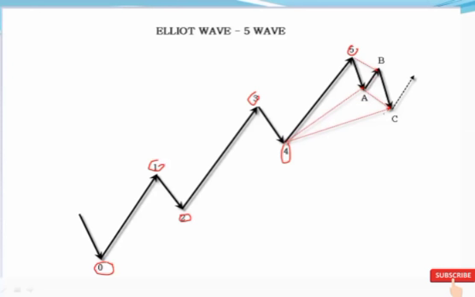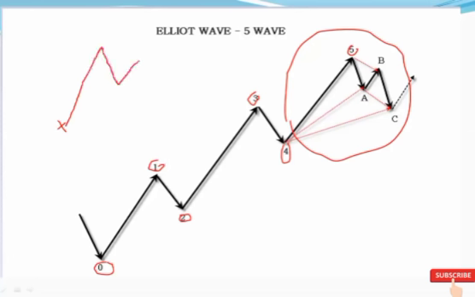When you have that corrective wave process right here, this actually also turns into that harmonic wave, where you'll have what we call an X, A, B, C, D, and it looks something like that. What we call maybe a Gartley or a butterfly or a bat or a crab pattern, which we're going to discuss next week. But we can't discuss this until we discuss Elliott and we discuss the trend and we understand the foundations that go behind these patterns.